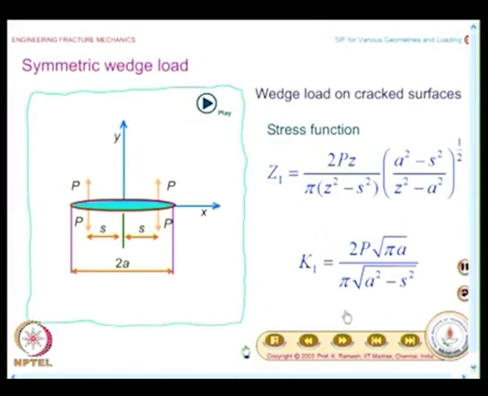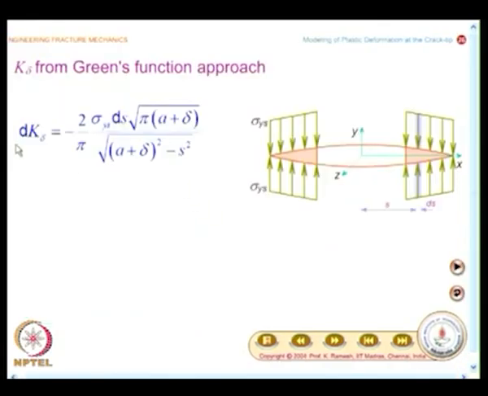So, I can invoke this and write the incremental value of stress intensity factor in the current problem. So, you have dk delta equal to minus 2 by pi, that expression was for a load trying to pull the crack surface, here the load is trying to close the crack surface.